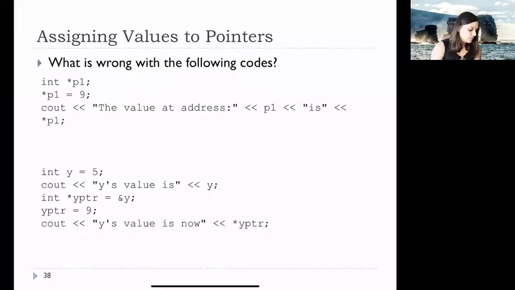Then we have assigning values to pointers. This is important to understand about what conversions are valid and what conversions are invalid. So many people find the concept of pointers tough because when you use pointers in your programs, you get many segmentation faults because you are doing something that is not making sense to your computer.